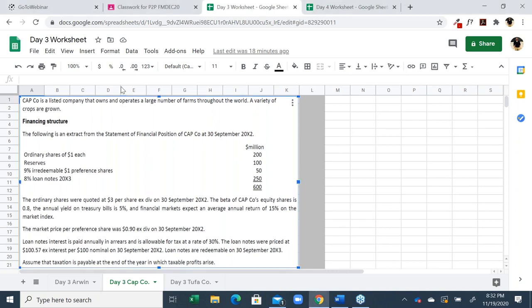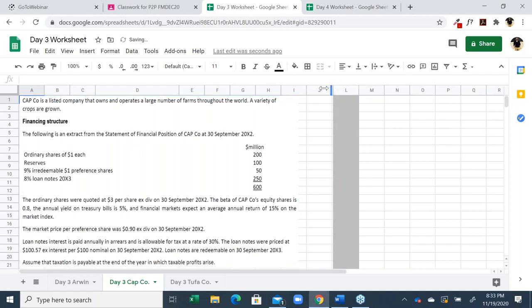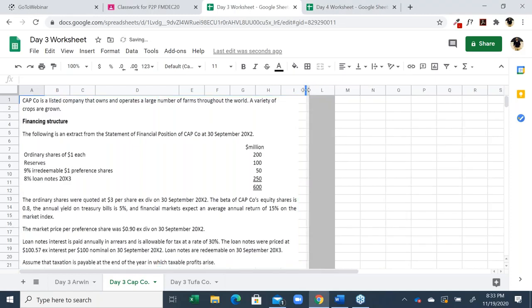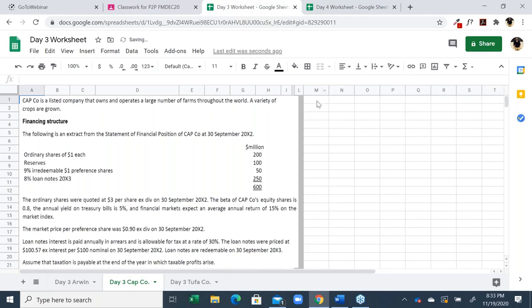But let me quickly go through the cost of capital, cost of equity, and cost of debt, and then we will calculate weighted average cost of capital.